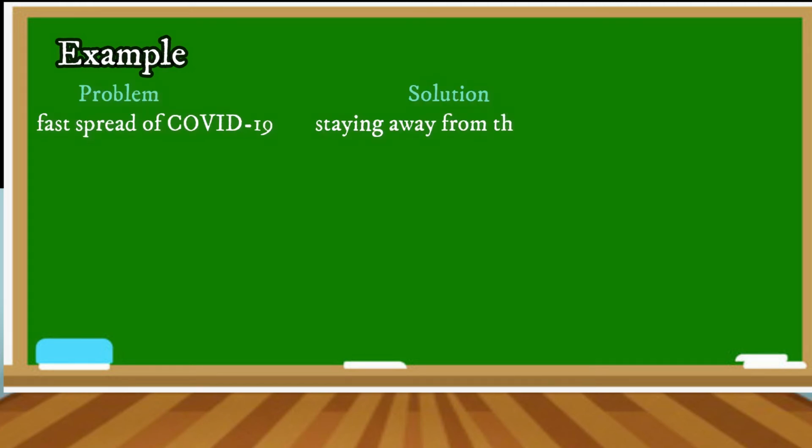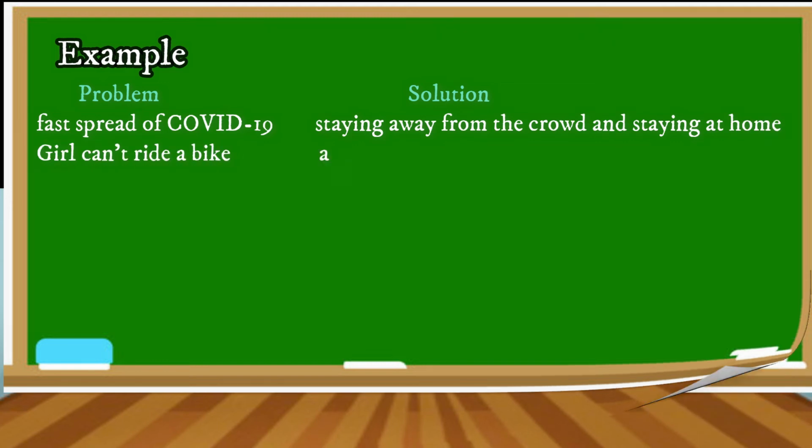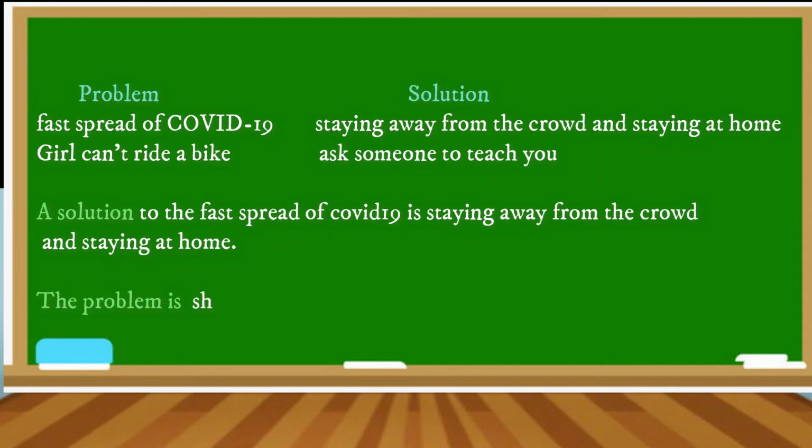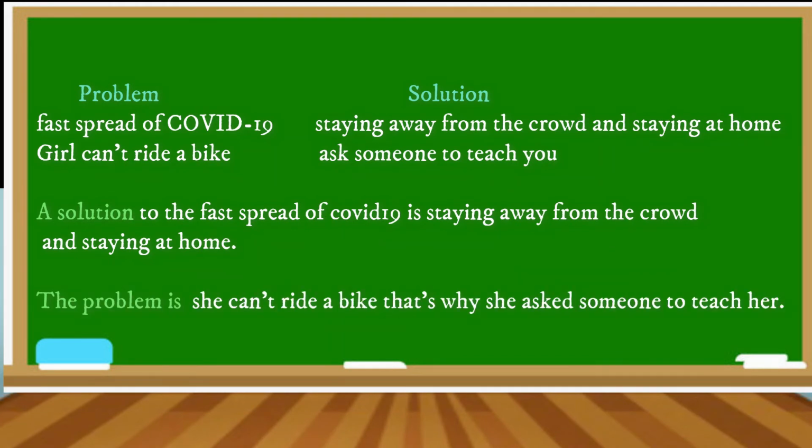Example: Problem, fast spread of COVID-19. Solution, staying away from the crowd and staying at home. Another, girl can't ride a bike. Solution, ask someone to teach you.